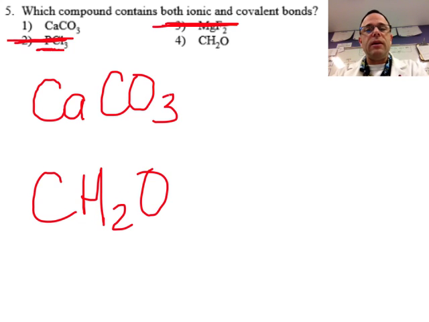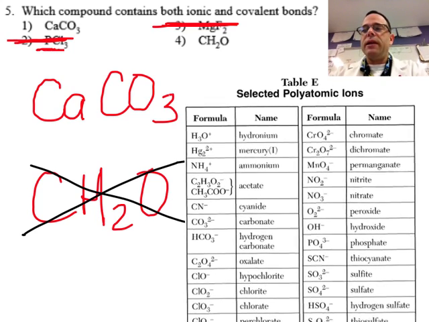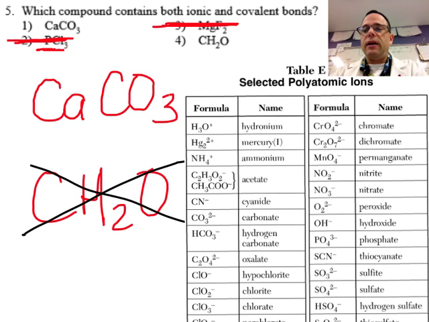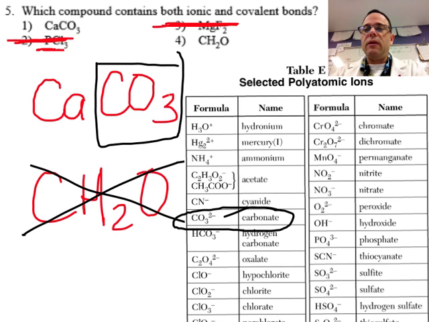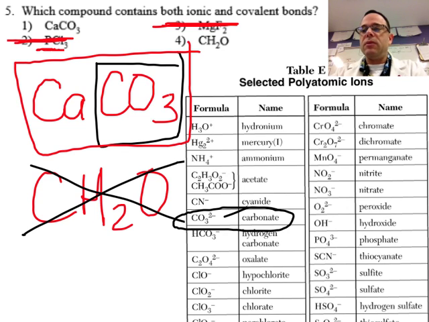So with them being all nonmetals, there's no choice but only covalent bonds holding them together. So it cannot be this one. So let's confirm our answer and see if we do have a polyatomic ion present. And CO3, where is it? CO3 is right here. So there is a covalent bond holding those 2 together, and an ionic bond holding the calcium to the carbonate. The answer is choice 1.